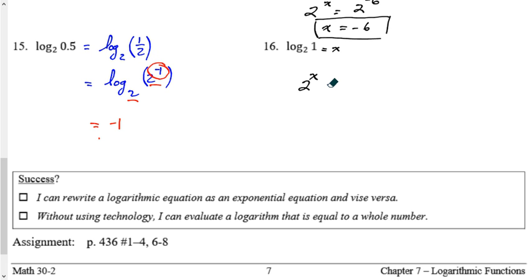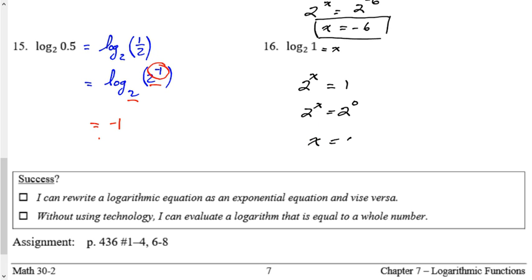Ooh, well, this is a tricky one, but remember, 1 can be written as a power with any base. So I'm going to choose the base of 2 as long as my exponent is a 0. Remember, anything to the exponent 0 is equal to 1.